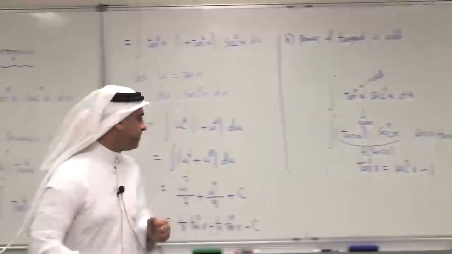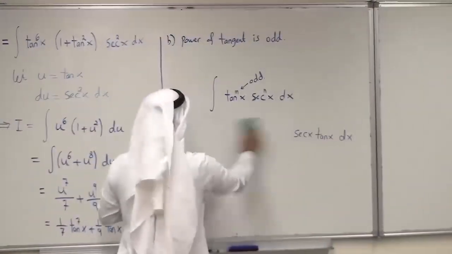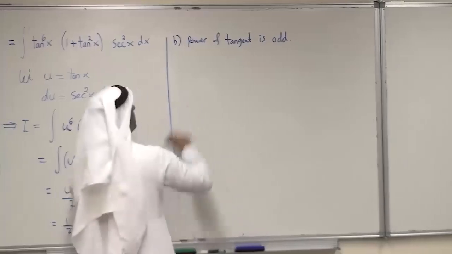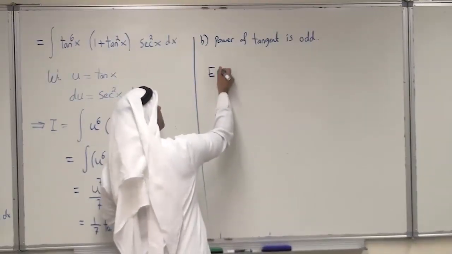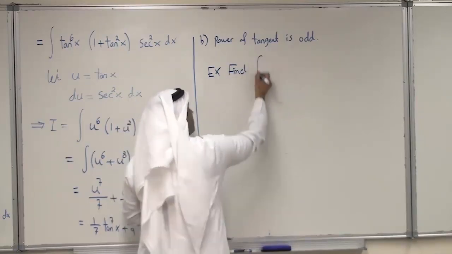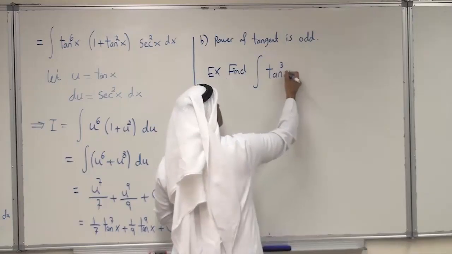Let us see this in a concrete example. Okay, fine. Let us take this specific exercise that says find the integral of a tangent with an odd power of x.